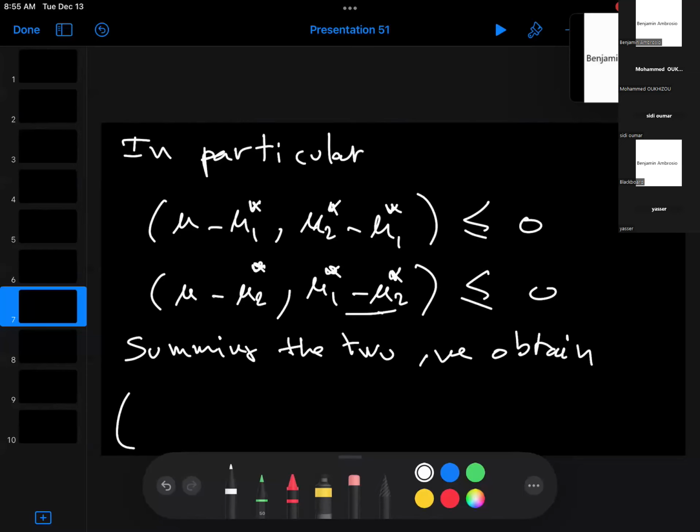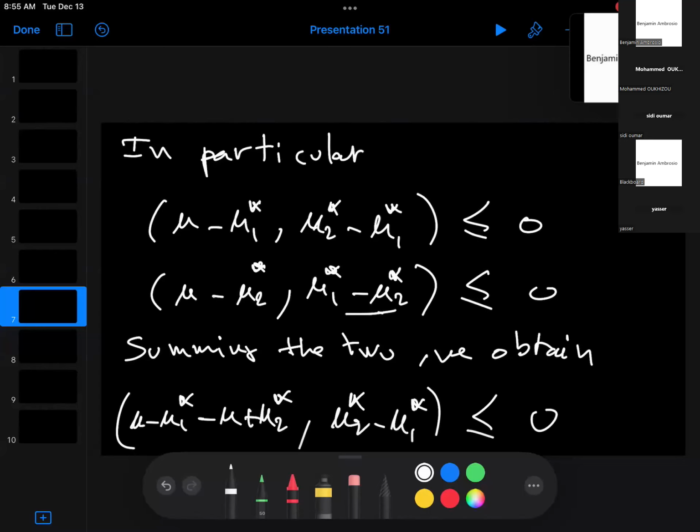So I will obtain U minus U1 star minus U plus U2 star. And here I obtain U2 star minus U1 star is non-positive. All right.